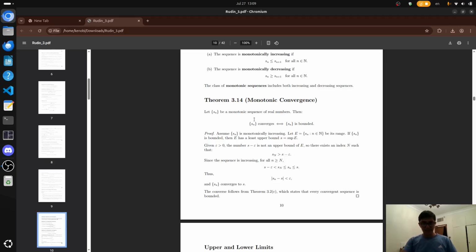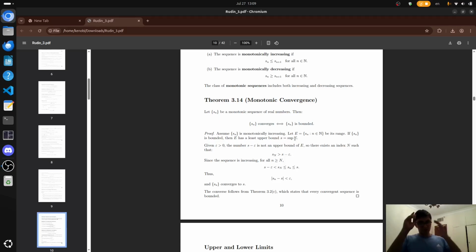Actually, we want to prove that if it's bounded, then it converges. Sorry, I made a mistake. If it converges, then it is definitely bounded. But if it's bounded, that doesn't by itself mean it converges, so we want to prove that.